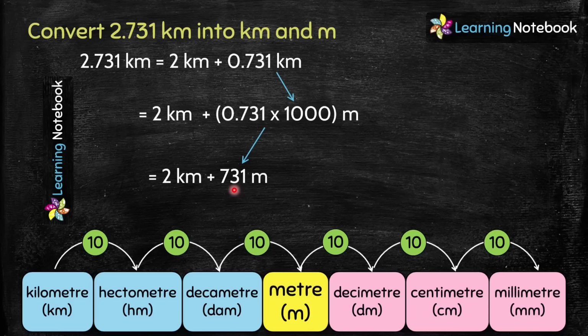Students, if you want to learn how to multiply a decimal number by 10, 100 or 1000, then do refer to our separate video on chapter decimals. Now let's write these numbers as 2 kilometer and 731 meters. So this is how we can convert kilometer into kilometer and meters.